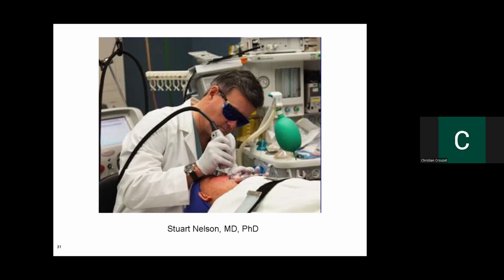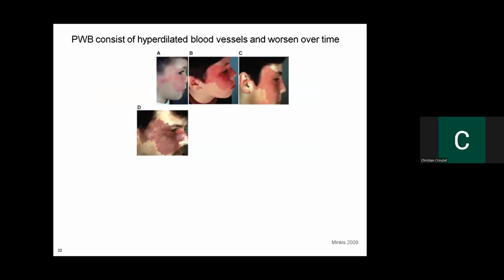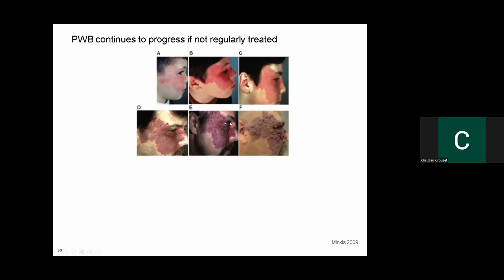a pulse dye laser. First, what are port wine birthmarks? It's a reddening of the tissue that progressively worsens over time with age. This reddening is a hyperdilated blood vessel network, so you have a lot more vessels than should be there in the tissue. If it's not treated, you can start developing nodules on the skin, which are extremely painful.